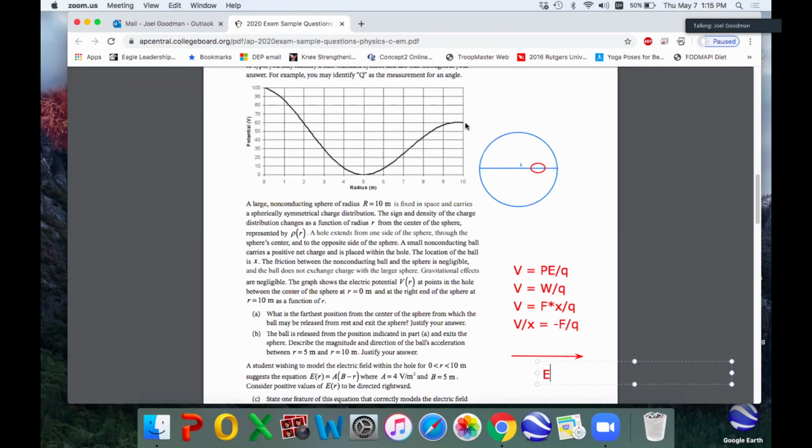What's your acceleration here? 0. Now, as we climb up this energy hill, which way will be my acceleration? Forwards or backwards? I'm trying to get out of here. Will my acceleration be positive or negative? Negative. So if we look at it from the slope, from the electric field, you can say the acceleration's got to be the other way.